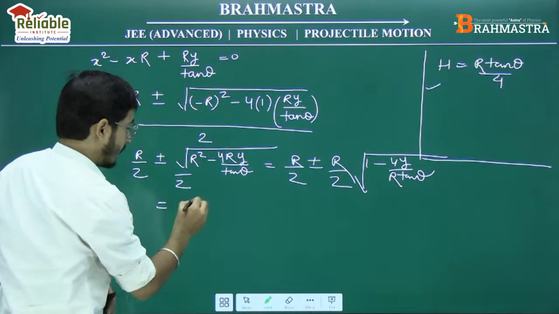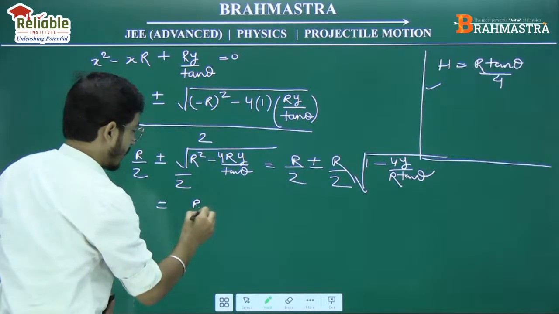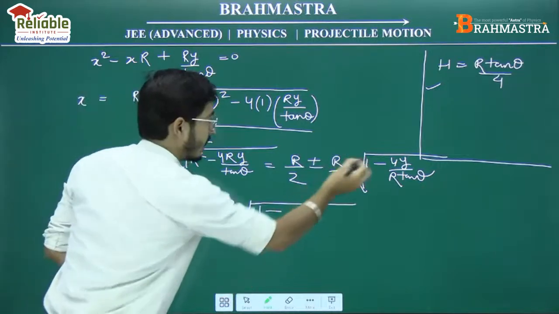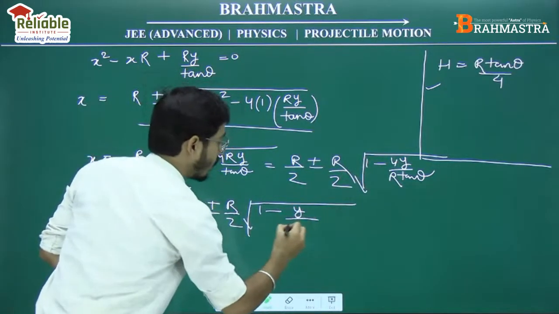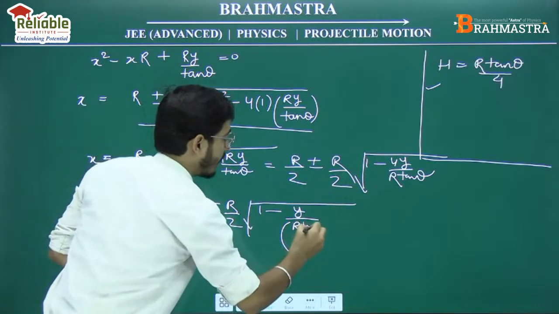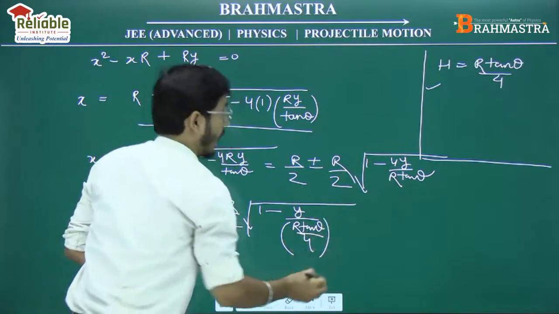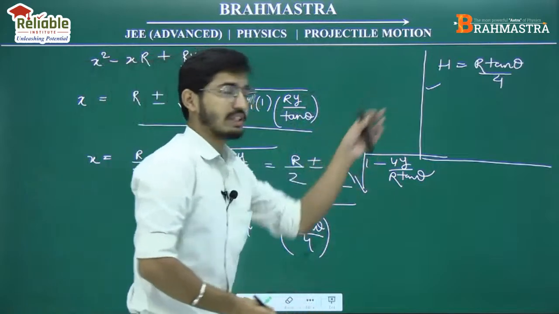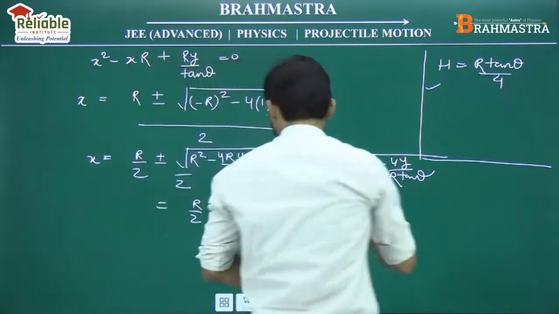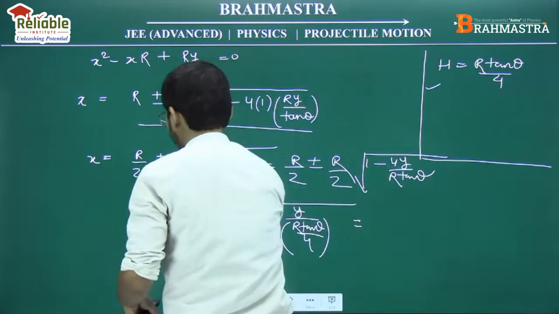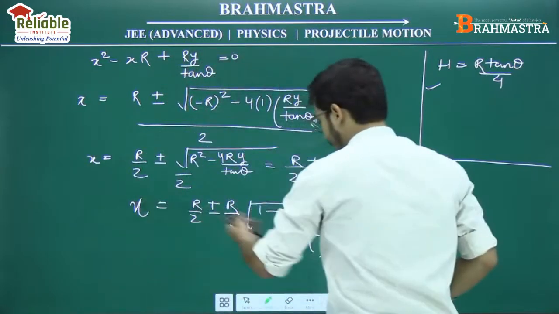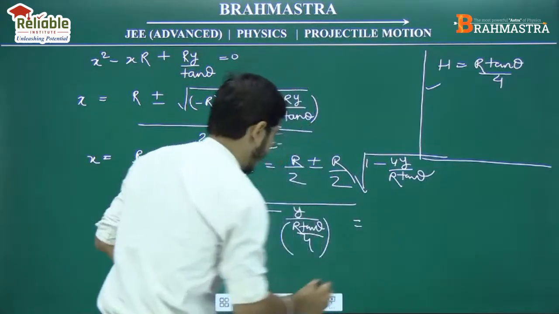So I'm again writing this: r by 2 minus, taking the 4 in the denominator, what we are getting is r tan theta by 4. And I hope you know r tan theta by 4 is the maximum height of the projectile. So this value of x, we are able to get in terms of maximum height.